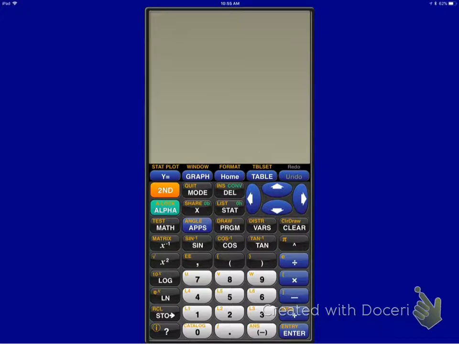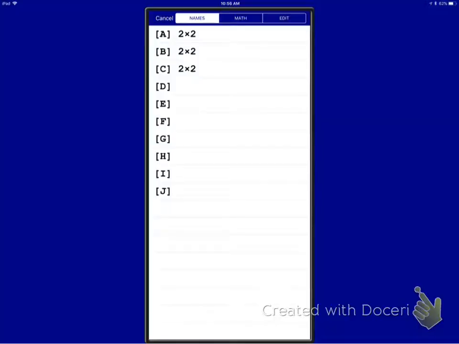Alright, so first you need to get into the matrix mode on your calculator, hitting second and then matrix. After you hit second matrix, that will take you to this screen.